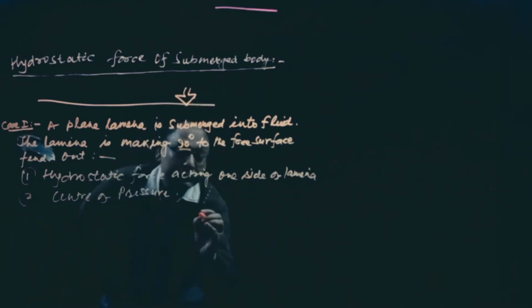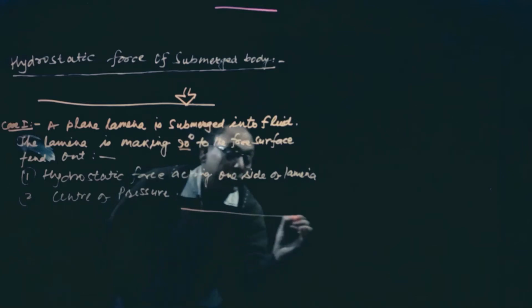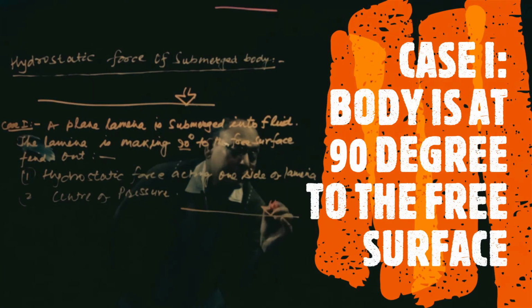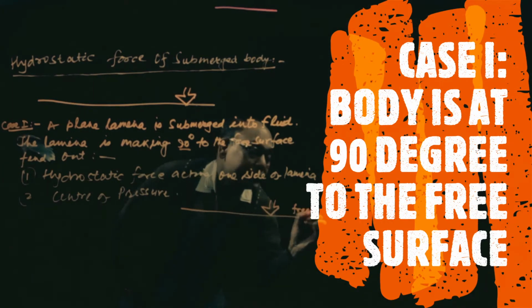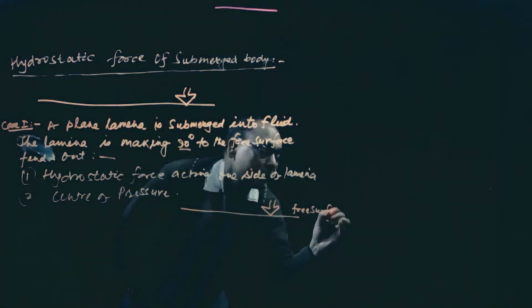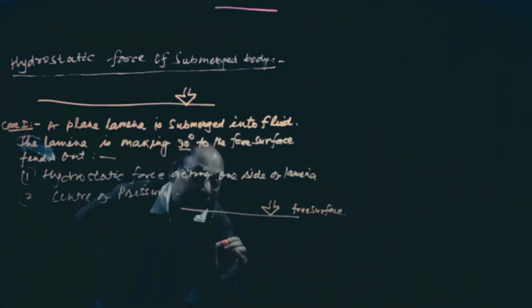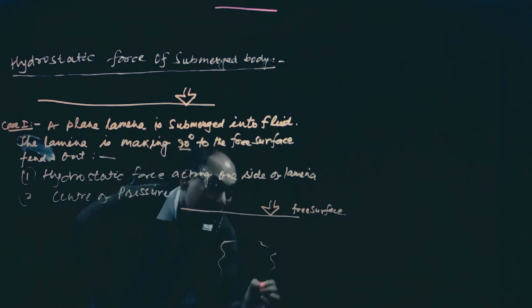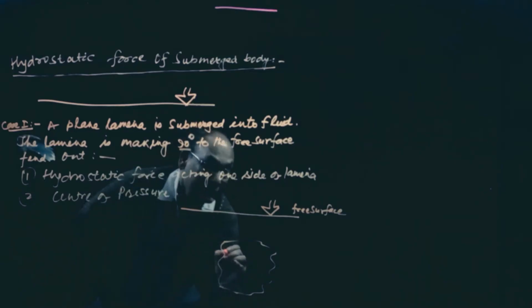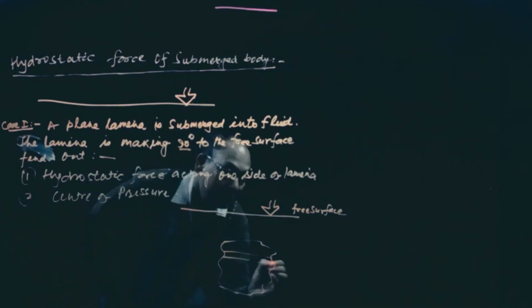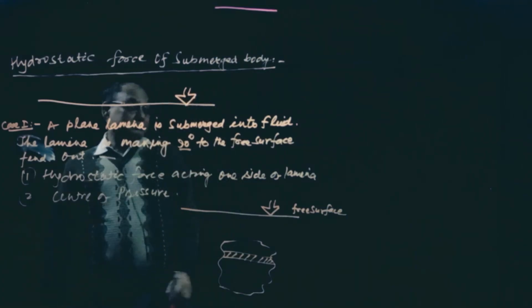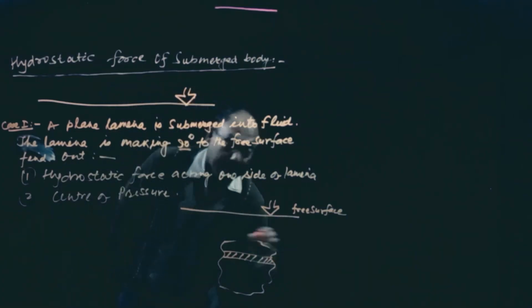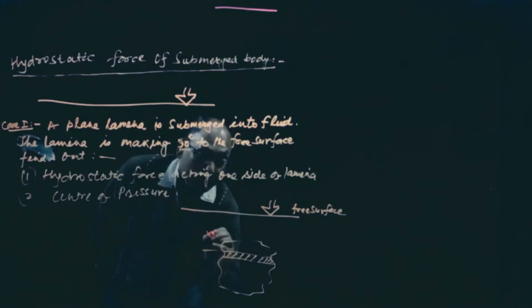So see here, let us call it as free surface. Okay, this is called free surface, and the lamina is like this, at distance y from the free surface.